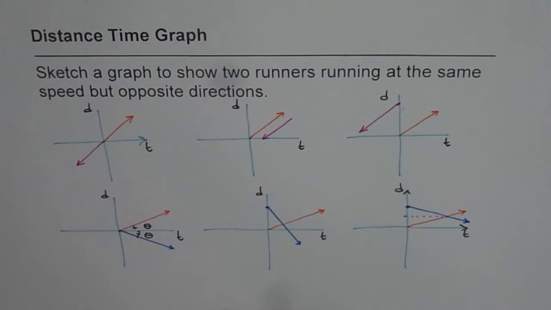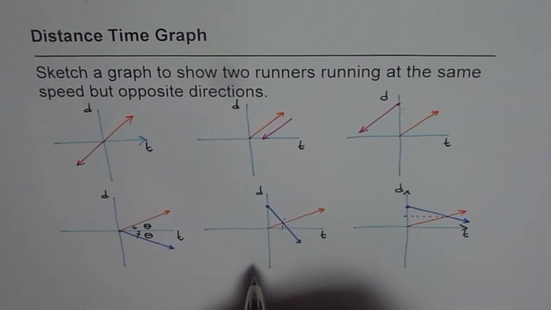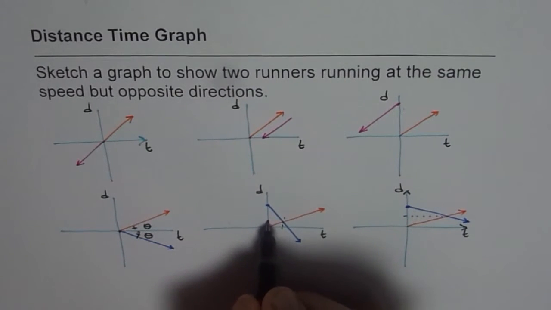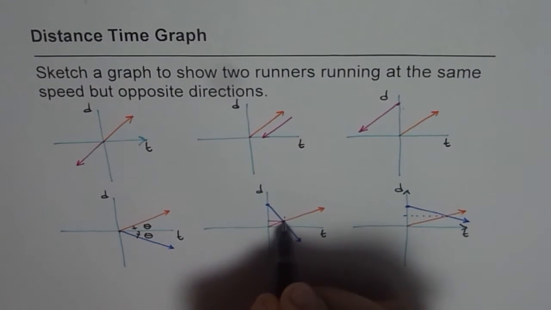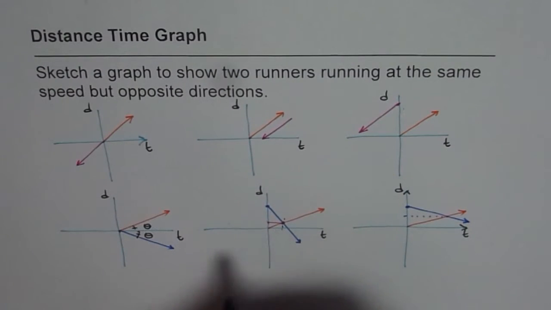How about this one? Here what we notice is that the point of intersection is right here. Now at this point of intersection, to reach a point, you can see from here, the distance covered by the first runner is much lesser than the distance covered by the other runner.